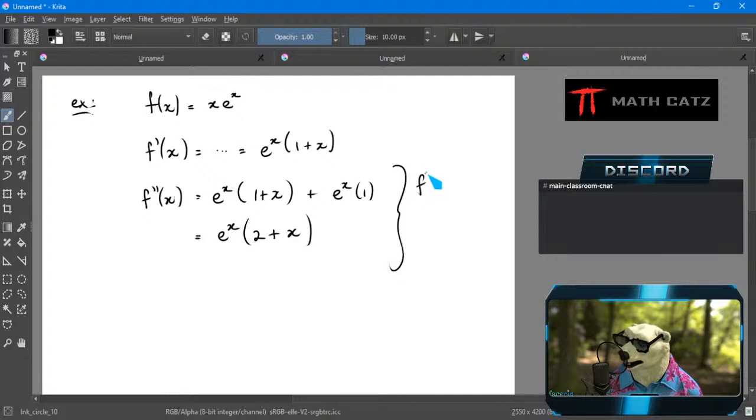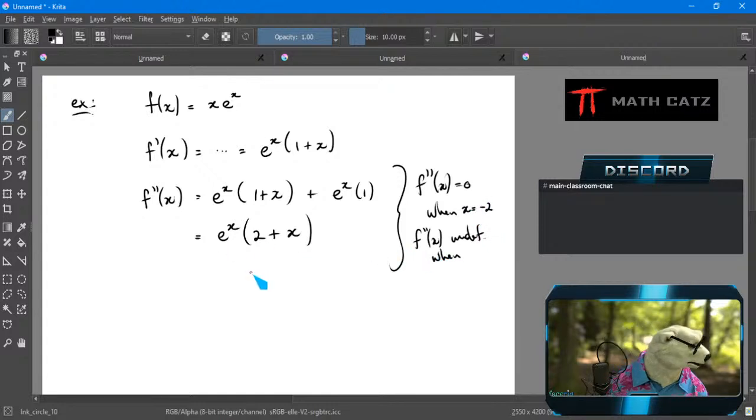Out of this, I get the second derivative equaling 0, check. Second derivative, undefined, check. Second derivative equaling 0, when one of these two guys equals 0. Well, from the bracket, I definitely get negative 2.